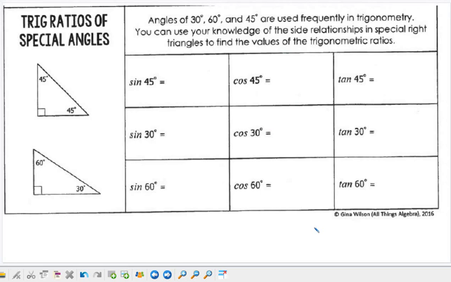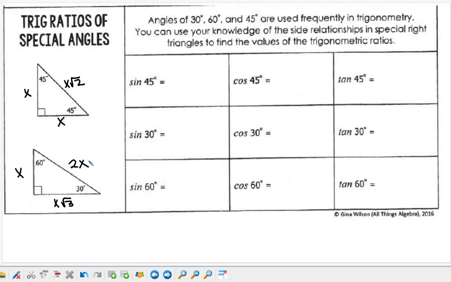This is where these special values come from: these right triangles. So remember the ratio for 45, 45, 90 looks like this. And for 30, 60, 90, the short leg is my x, my longer leg is the short leg times the square root of 3, and my hypotenuse is twice my short leg.